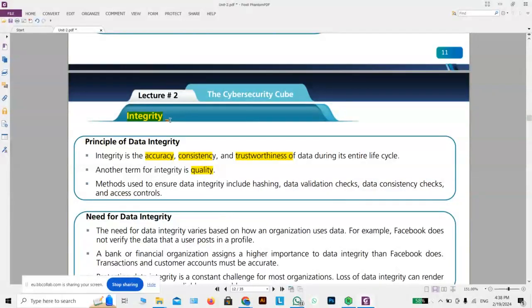If I lost my username and password and another student used it to change his grade, that is a big compromise of the system and of the integrity of the data. So it is very important to apply integrity to the information system.